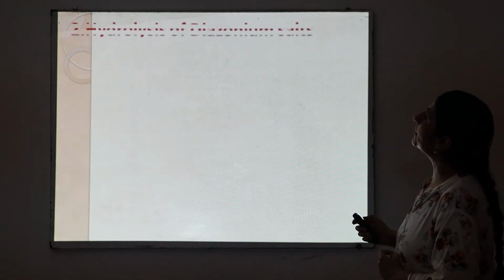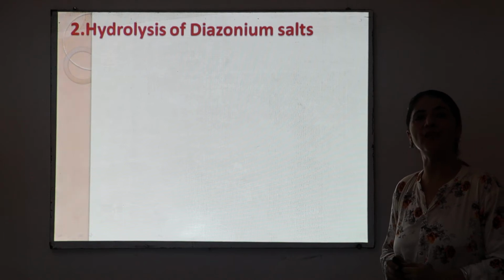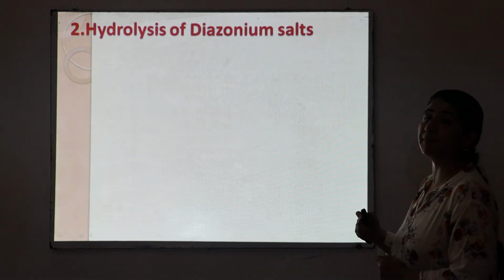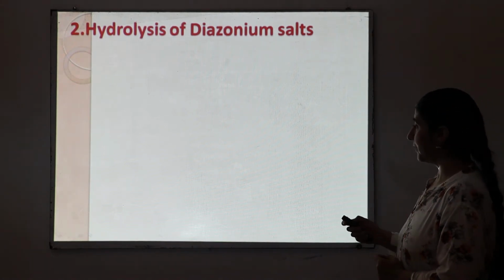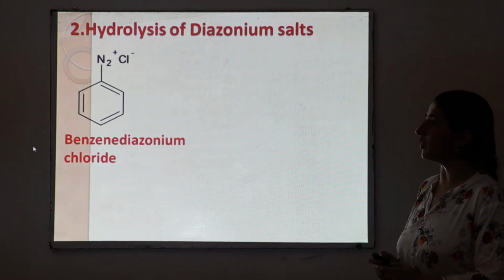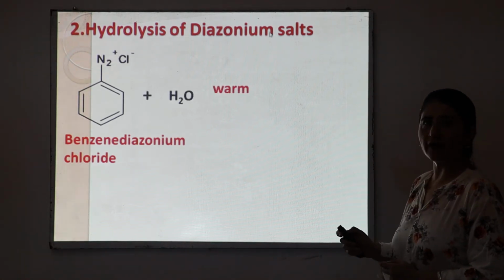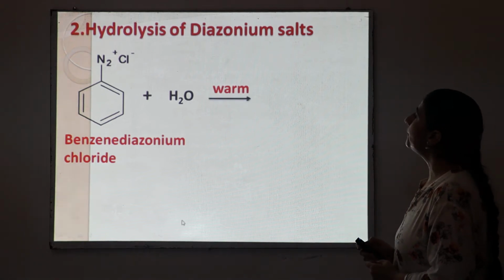The second method of preparation of phenol is the hydrolysis of the benzene salt, meaning benzene diazonium chloride. Here we have benzene diazonium chloride that reacts with water in warm conditions.